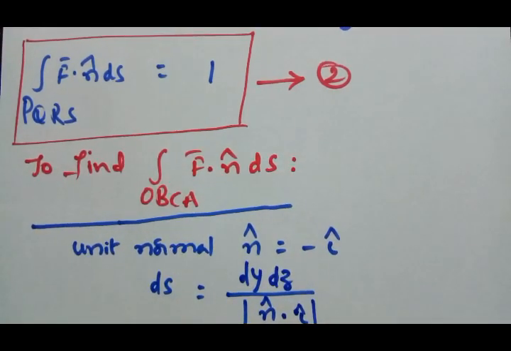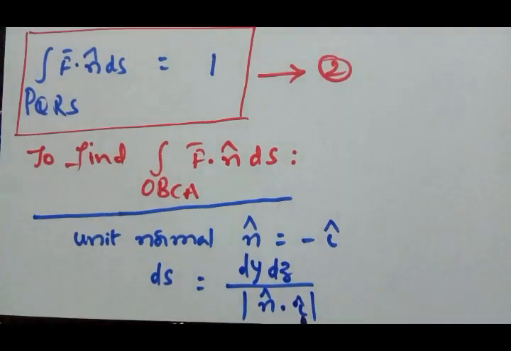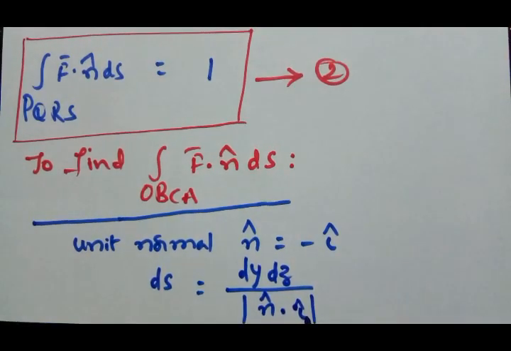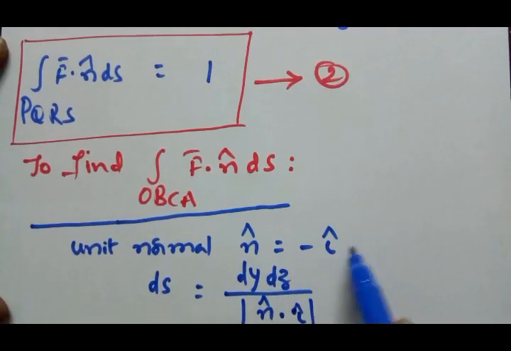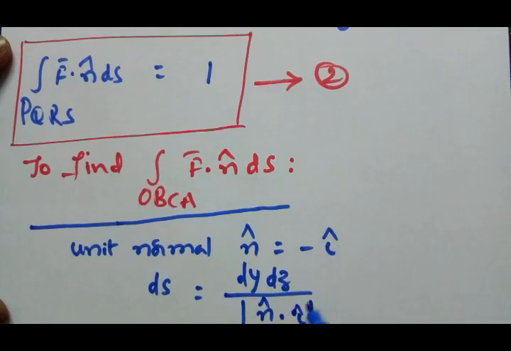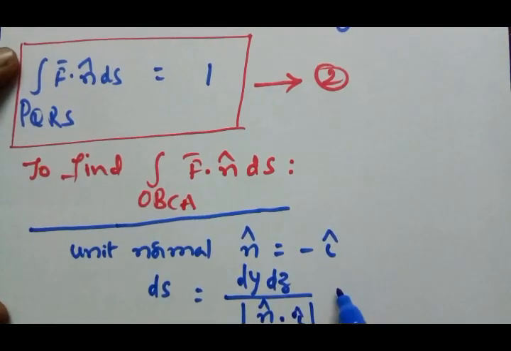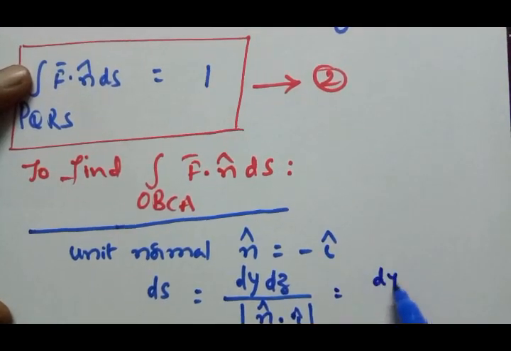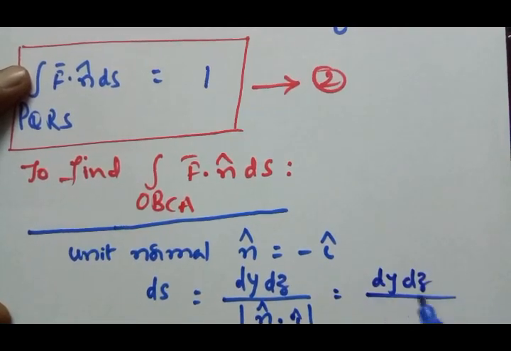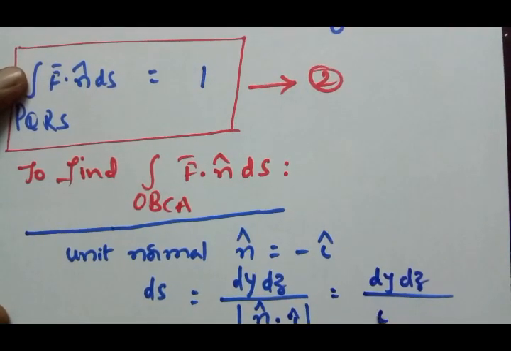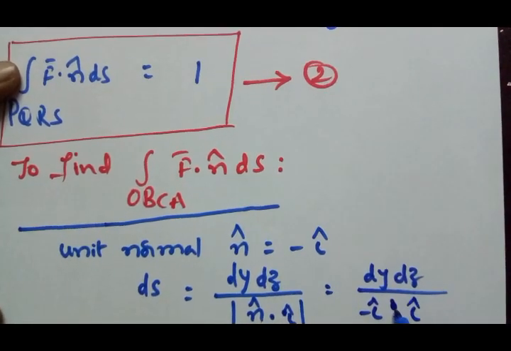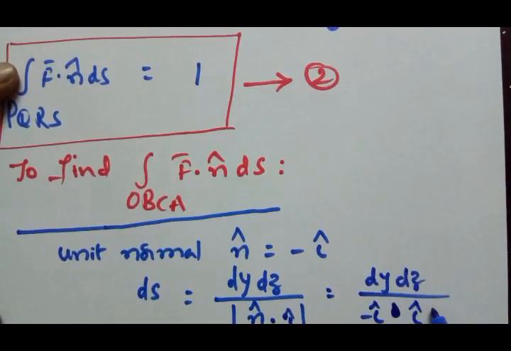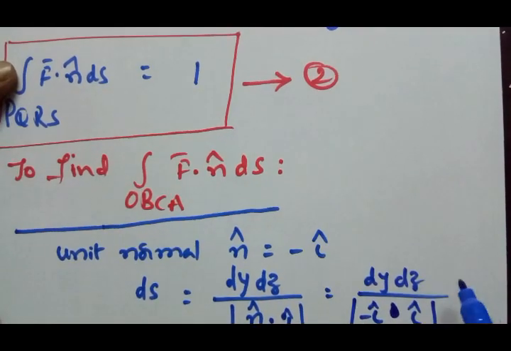Therefore, ds is equal to dy dz by modulus of n cap dot i cap. Since the plane perpendicular to the x-axis is the yz plane, modulus of n cap dot i cap is equal to 1. Therefore, this is equal to dy dz by modulus of minus i cap dot i cap, that is equal to 1.